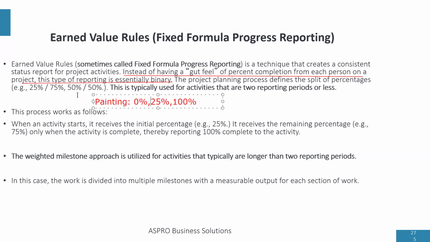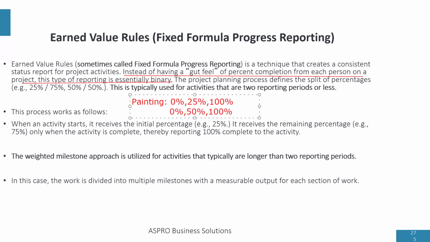Now, this is if we were using 25-75%. If we are using 50-50% for the same task, this is how we're going to read it. It will say 0% if the task has not started, then 50% the moment the task has started, then 100% the moment the task finishes.